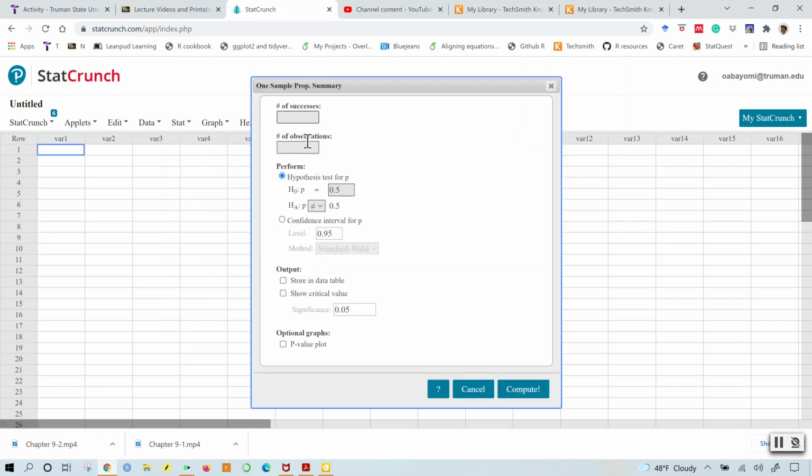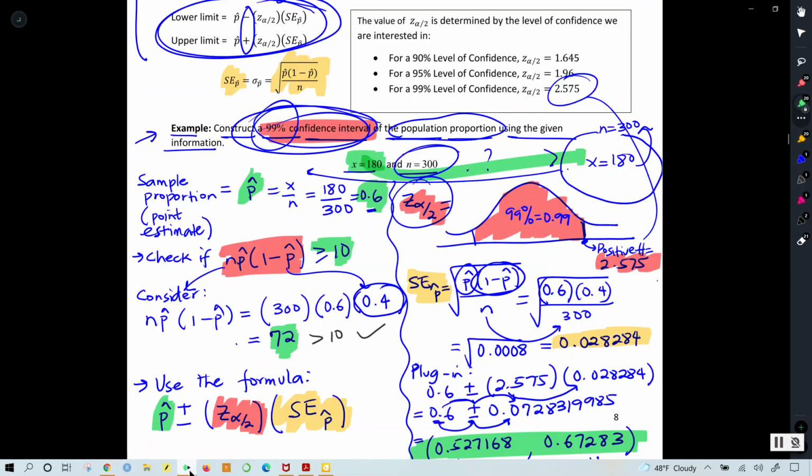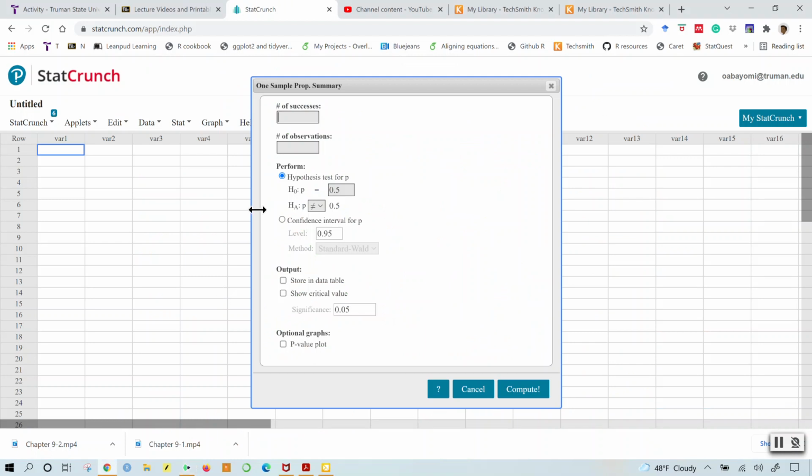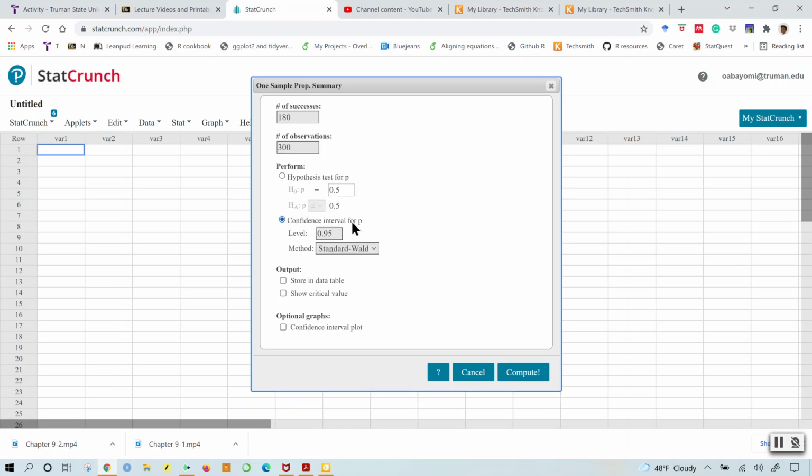Click on with summary, then I'm going to toggle back and forth. My x is 180, my n is 300. At this point, I don't want to perform a hypothesis test. That will be much later in the next chapter. I want confidence intervals for p.